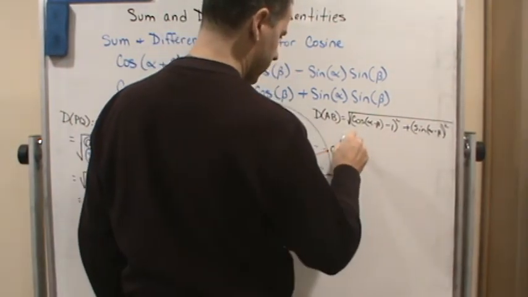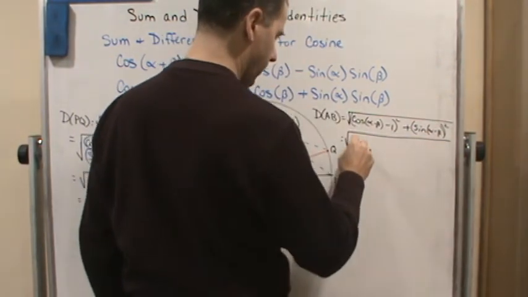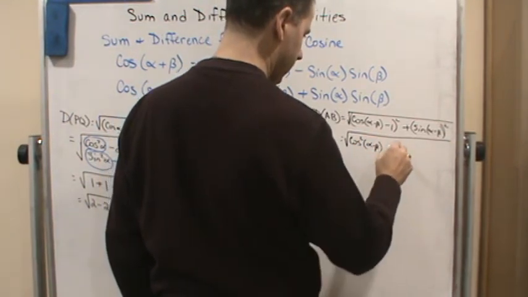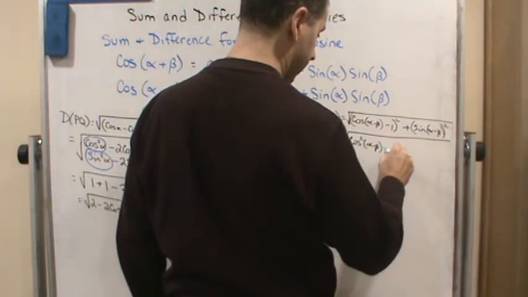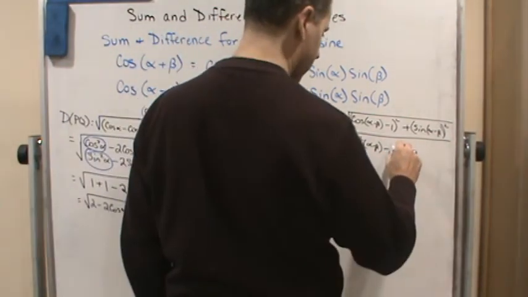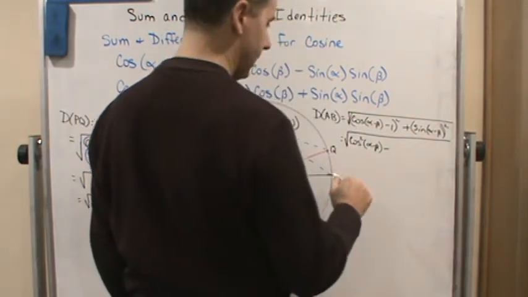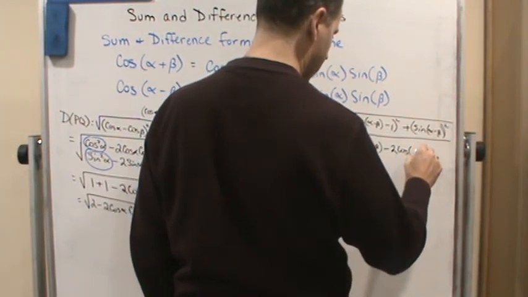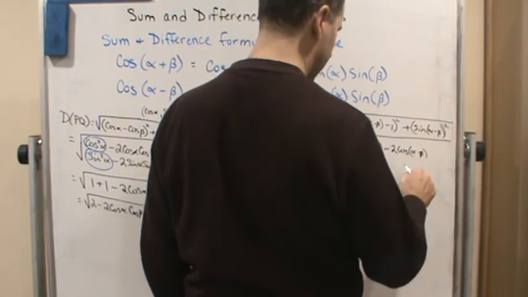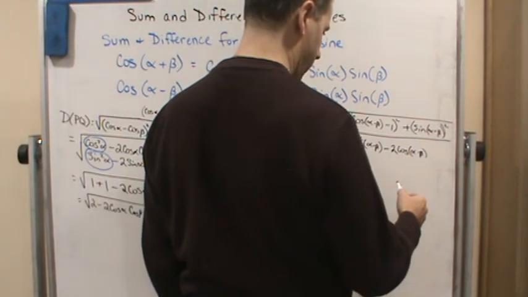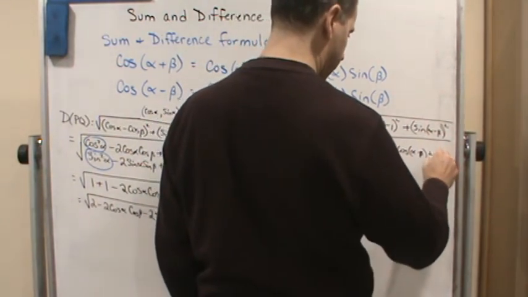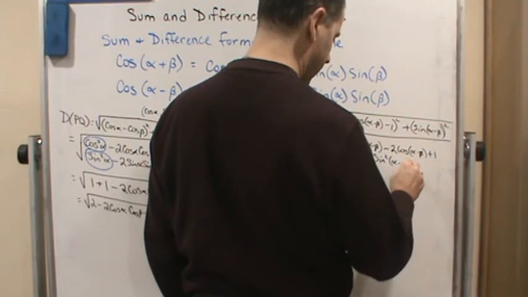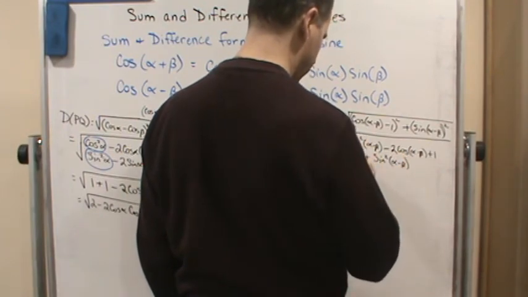This is going to be equal to cosine squared alpha minus beta, minus, in this case, just minus 2 cosine alpha minus beta, plus 1, and then plus sine squared alpha minus beta. Again, all underneath the radical.